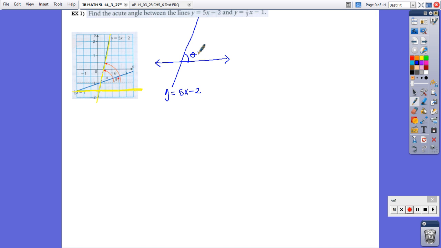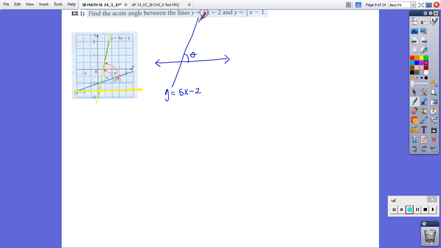So the question is actually the angle between the two lines. You're going to need to find the angle between the horizontal and each line to be able to do the question. And this is related to slope. So what creates the angle is how much the slope is, because the slope determines the steepness of a line. So if you think about slope, it's actually a ratio. So the slope of the line is 5.